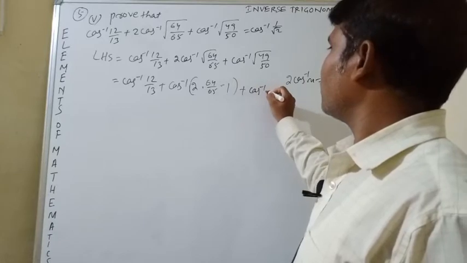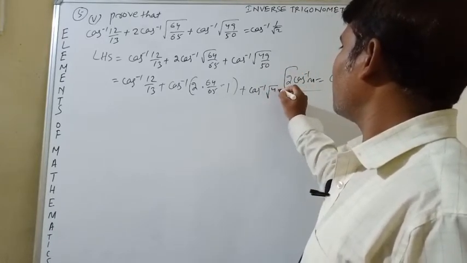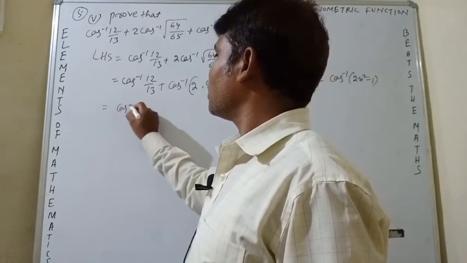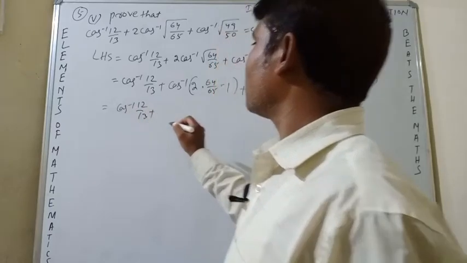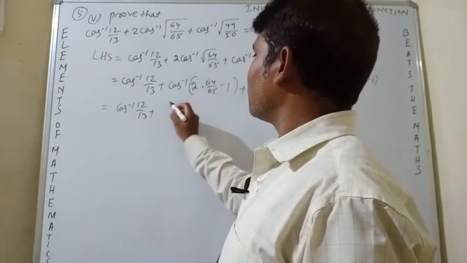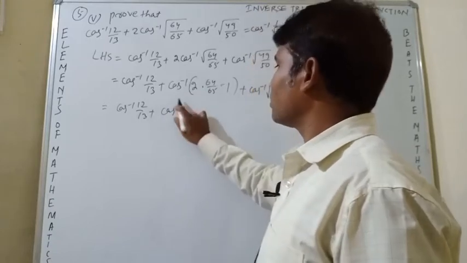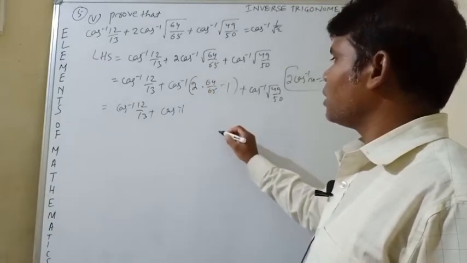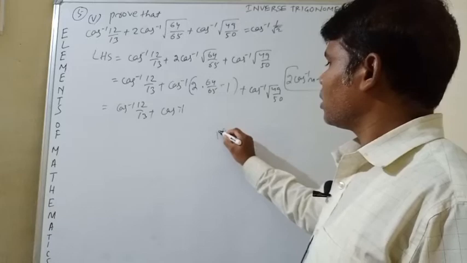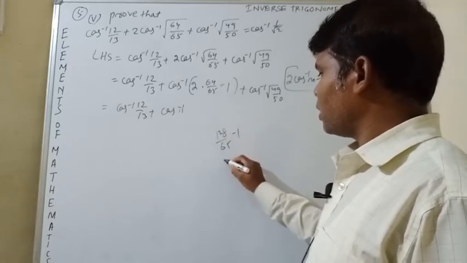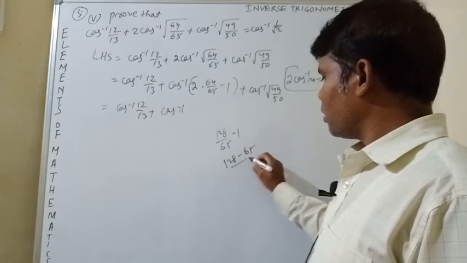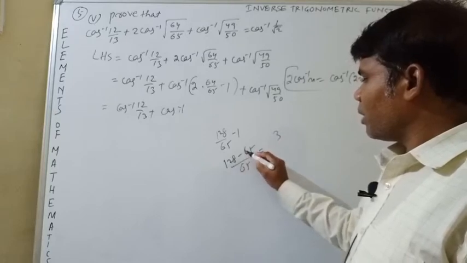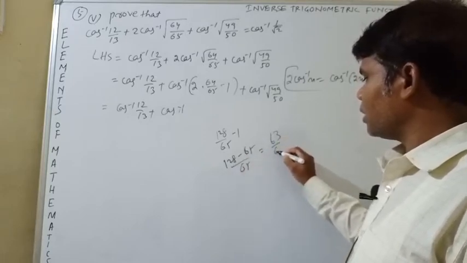plus cos inverse root over 49/50, is equal to cos inverse 12/13 plus, you see, this is how much, cos inverse 2 into 64/65, that is 128/65 minus 1, that is (128 minus 65)/65, which is 63/65.